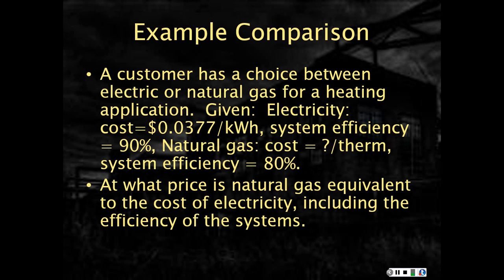The other way the customer can go is they could use natural gas with a system efficiency of 80%. What we want to find out is what would the cost of natural gas be to actually equal what the electrical cost is. So where's that break-even point?